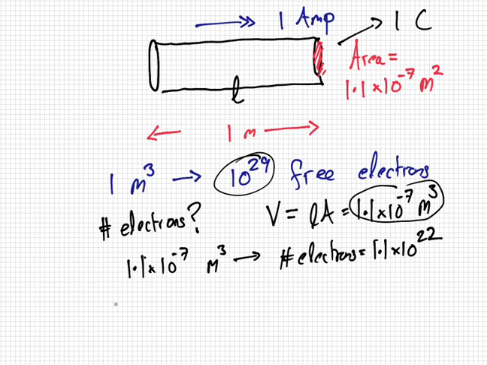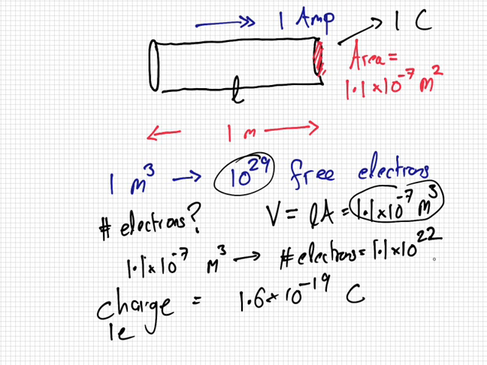And what's the charge on 1 electron? I think I gave it to you earlier, isn't it? Yeah, 1.6 times 10 to the minus 19. Charge of 1 electron.